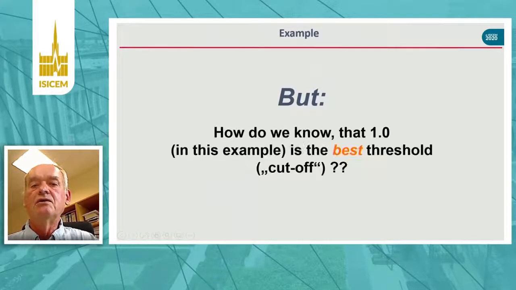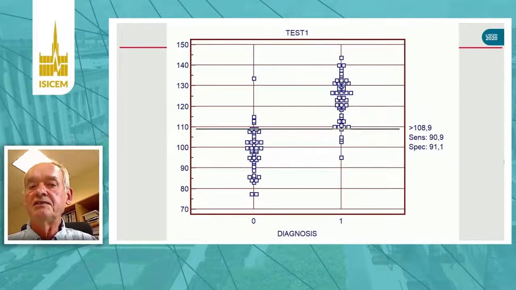However, who tells us that 1.0 is the best threshold, the best cutoff of this biomarker? So this has to be demonstrated, and this is usually done. And for this, I show you another example. Here you see again two rows of data for the diagnosis 0 and 1, let's say sepsis or not sepsis, this doesn't matter.